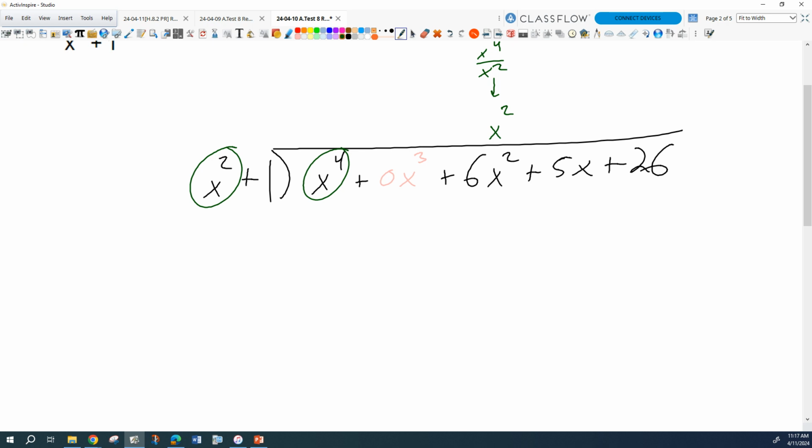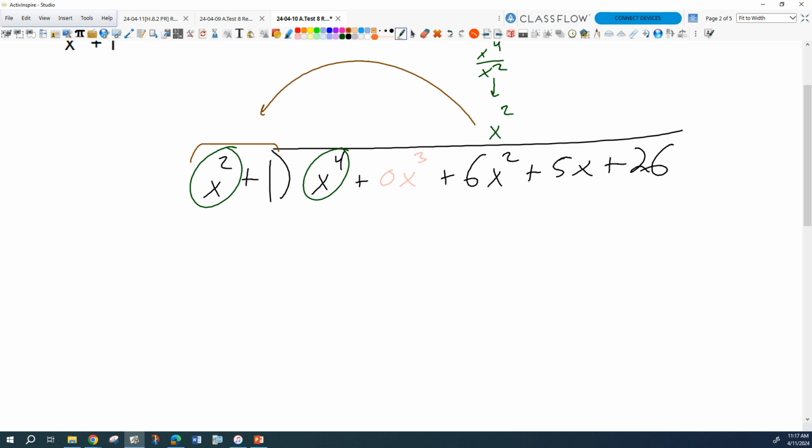There's the division step. What's my multiplication step going to be? x squared times x squared? Is it x to the 4th or is it 0x cubed? Oh, I have to multiply by whatever's out front.